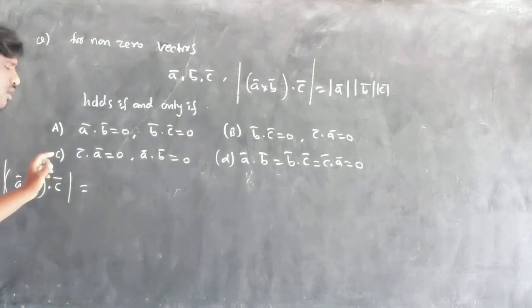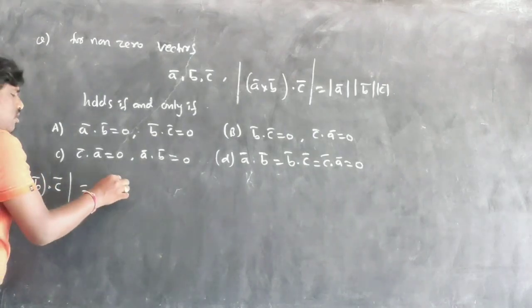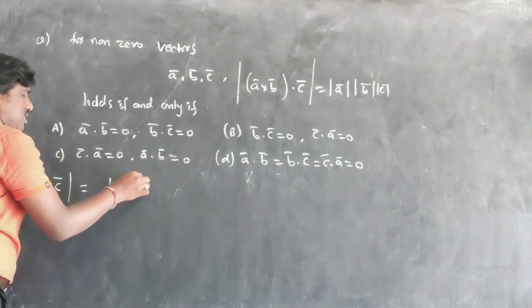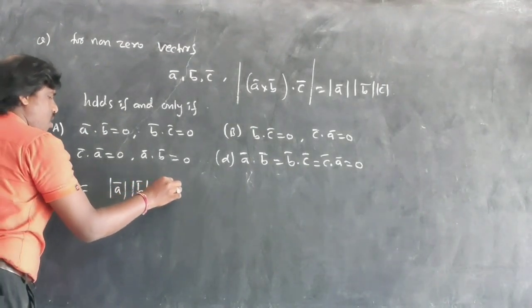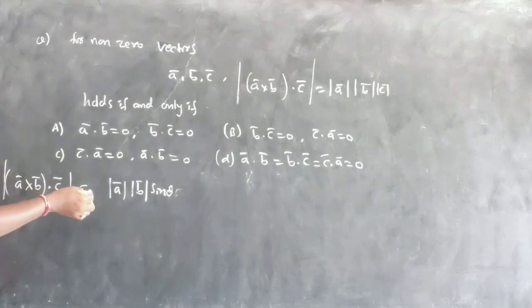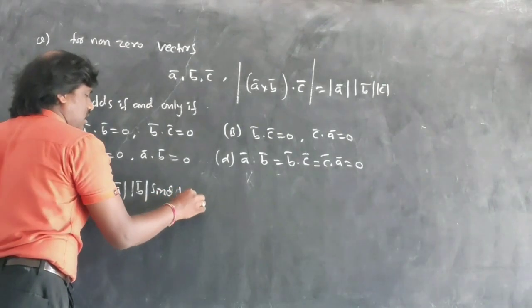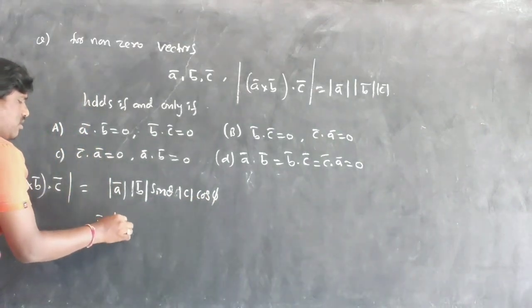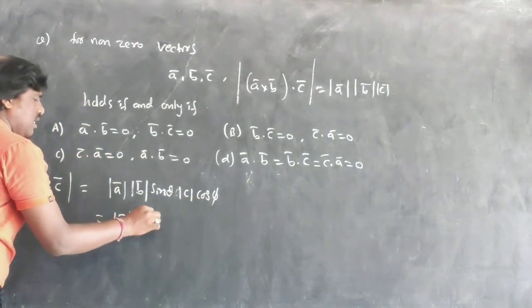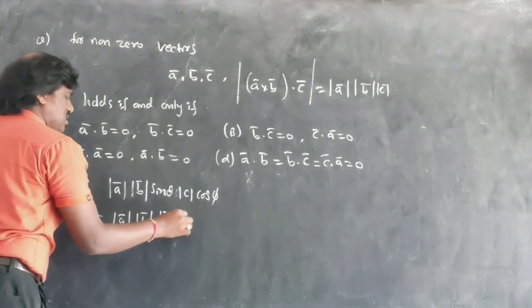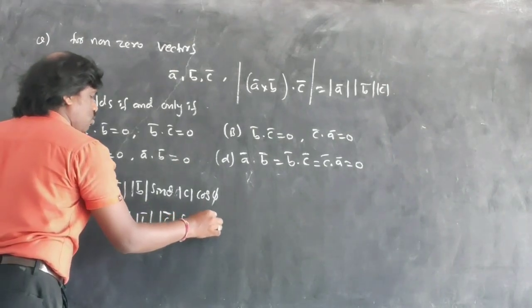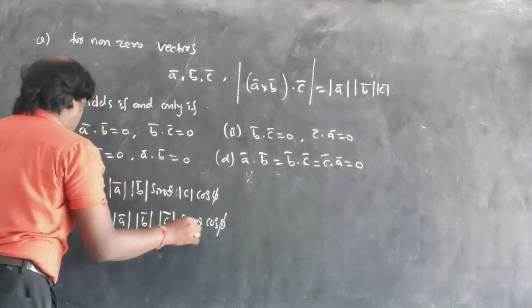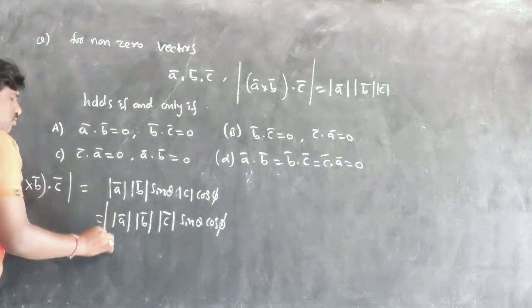Mod a mod b sin theta into n dot c, that is mod c cos pi. Actually, directly you can write the formula as mod a mod b mod c sin theta into sin pi.